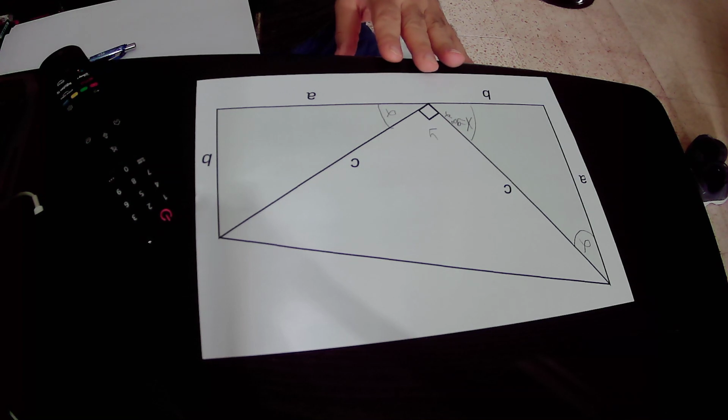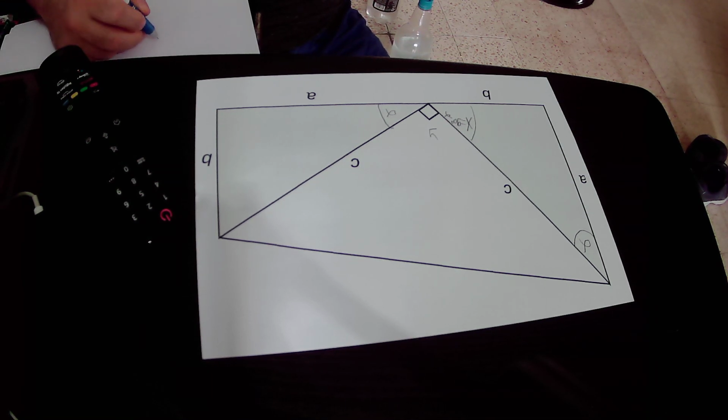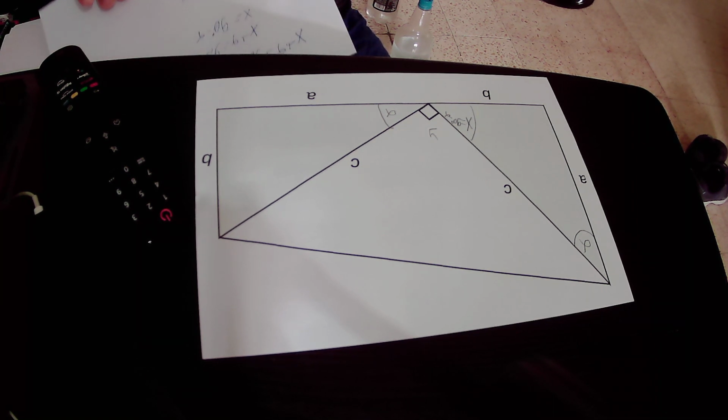So we can say that x plus y plus alpha equals 180 degrees.